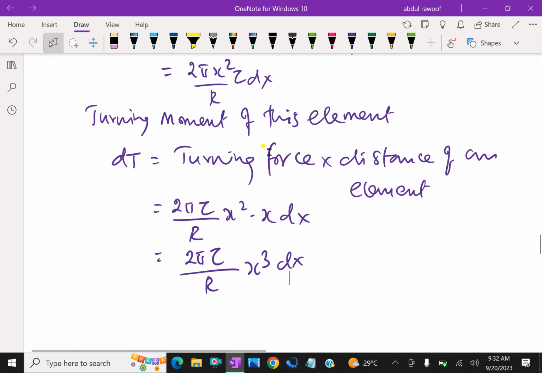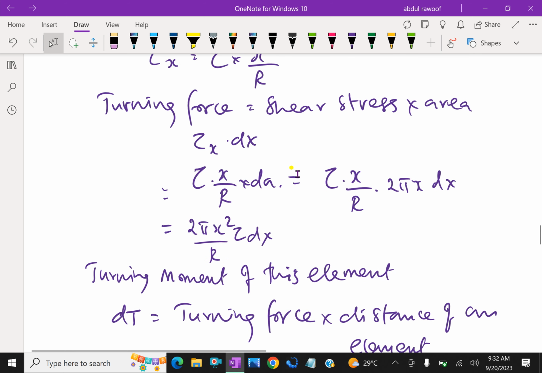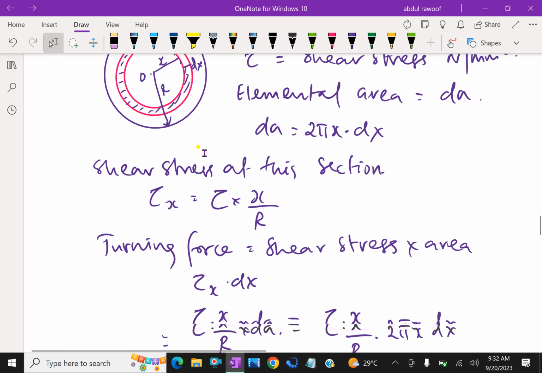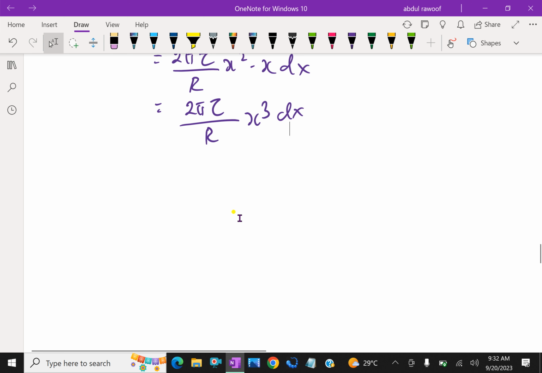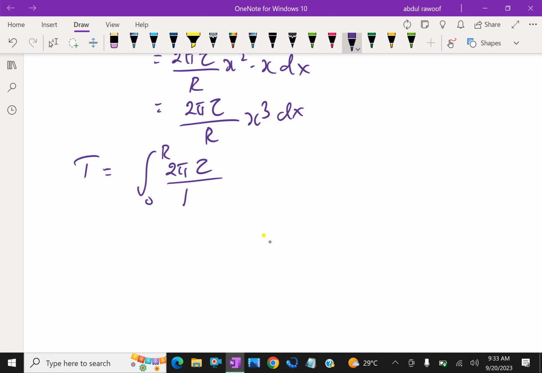This is the turning moment of this element, but we need the turning moment of the complete shaft, so we integrate with the limit of 0 to r. Therefore, total torque T equals the integral from 0 to r of 2 pi tau by r x cube dx. Taking out the constants, that is 2 pi tau by r times the integral of x cube dx.